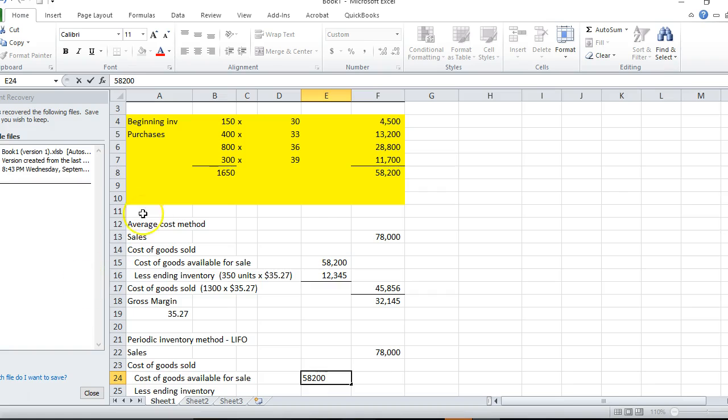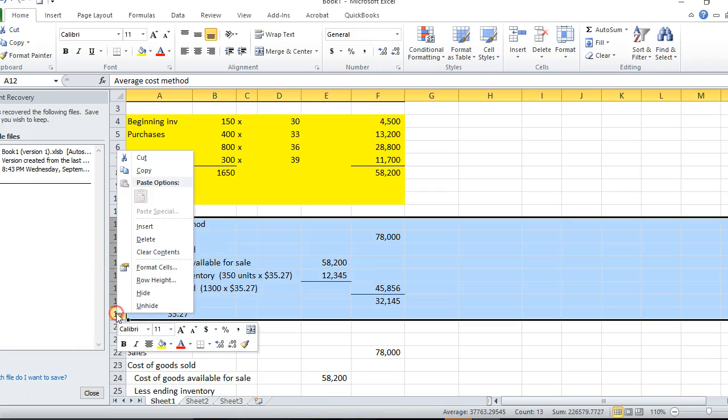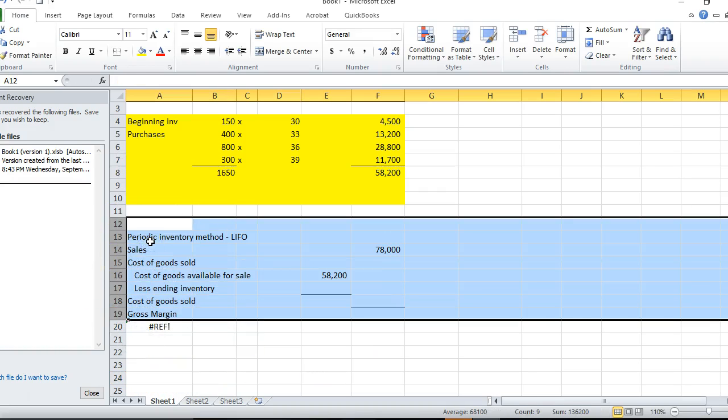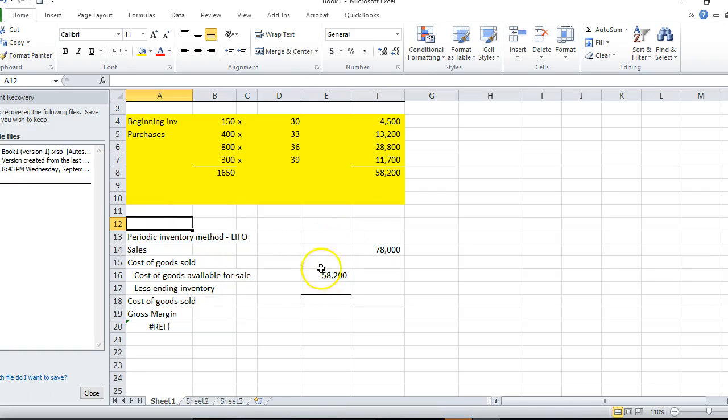It's going to stay the same. $58,200 are our costs available for sale. But what we need to figure out is, using Lifo, what is our ending inventory? We know we have 350 units still available, don't we?